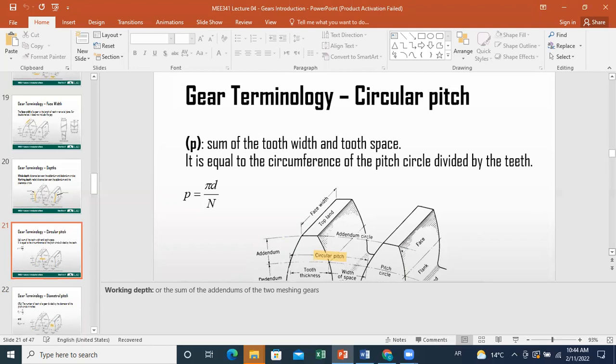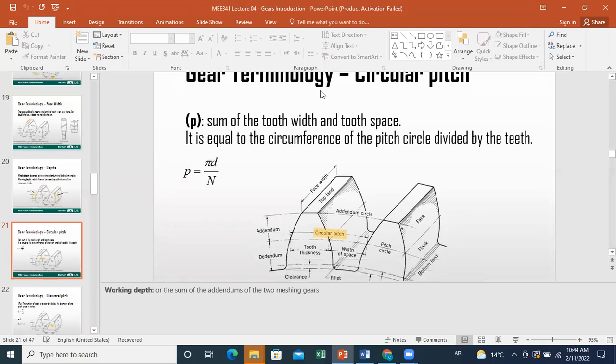If you move on the pitch circle, you have a repetitive pattern: a tooth, then a space. So the circular pitch is the summation of the tooth thickness on the pitch circle plus the width of the space between two teeth on the circle.